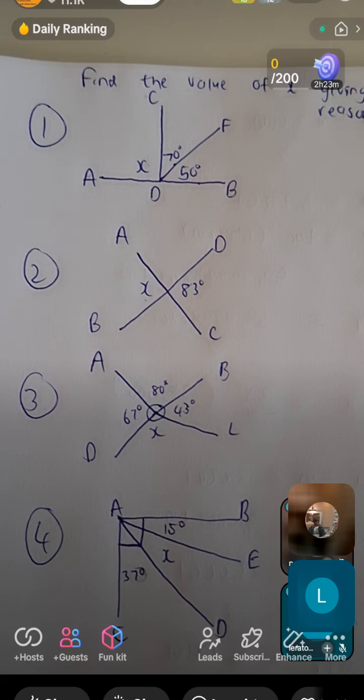How many angles do you see in the diagram? I see 3 angles and angle x. So surely you know there's a relationship that exists for all 4 of those angles.